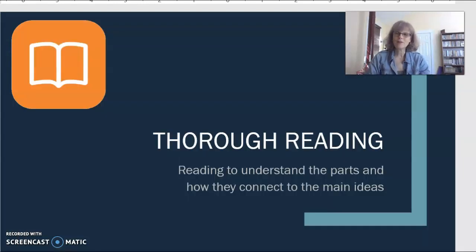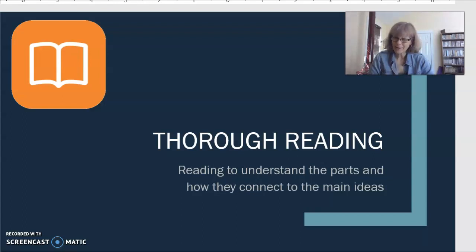Your next step is to now actually read these 3 paragraphs. And I call this thorough reading. Now you're trying to understand, what is the first paragraph about? This old packaging. What is the next paragraph telling me with this new packaging? And then the third paragraph is really bringing home the main idea. What is the main idea? So go ahead and read these 3 paragraphs now.